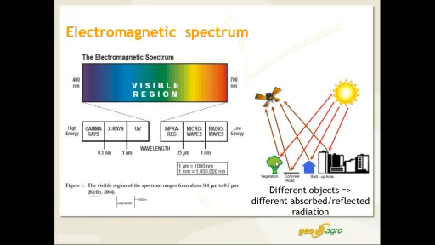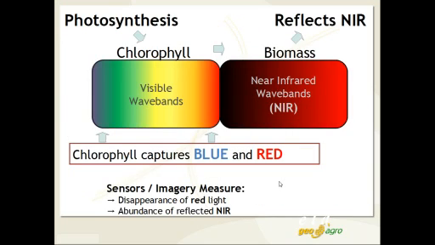And when we talk about vegetation, then you have different objects. We'll have a similar behavior across vegetation in general, which is that vegetation has chlorophyll, and this particular feature of vegetation is capturing blue and red wavelengths, or wavebands, I mean. That's why we don't see blue or red plants.